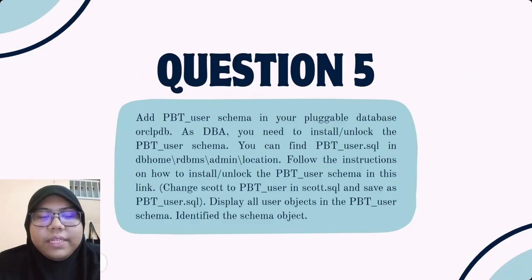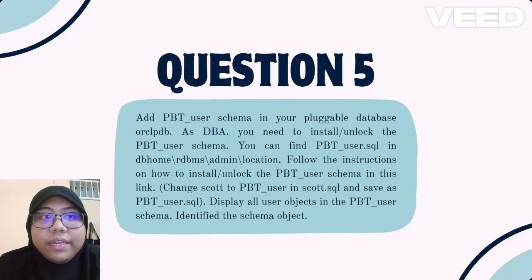So now I'm going to continue with the last question, which is question 5. Question 5 asks us to add PBT user schema in our pluggable database, which is ORCLPDB. And then after that, we need to display all the user objects in the PBT user schema. So let's get to it.